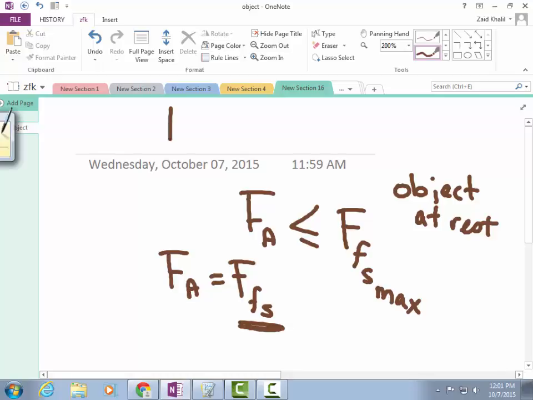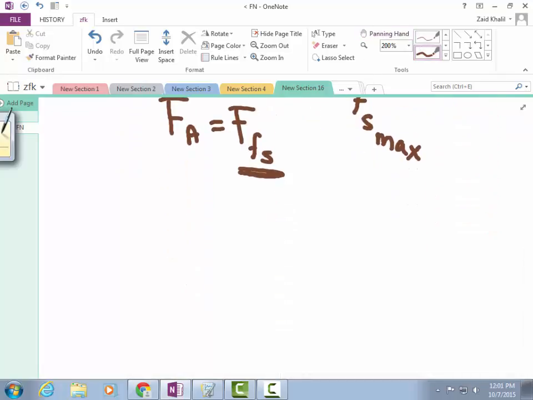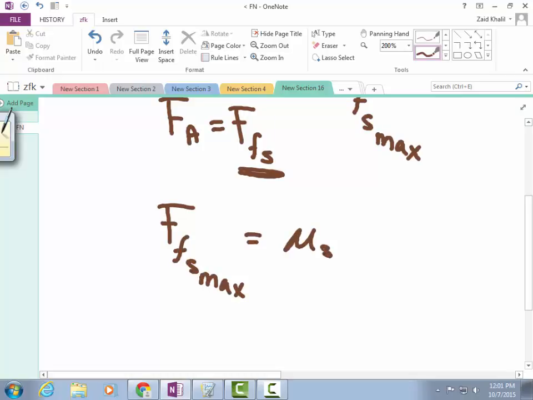That's right. So the maximum force of static friction should be proportional to the normal force. So to make this an equality, what do we do? Add a constant. So what is that constant? F_s max is equal to mu_s F_n, where mu_s is the coefficient of static friction.